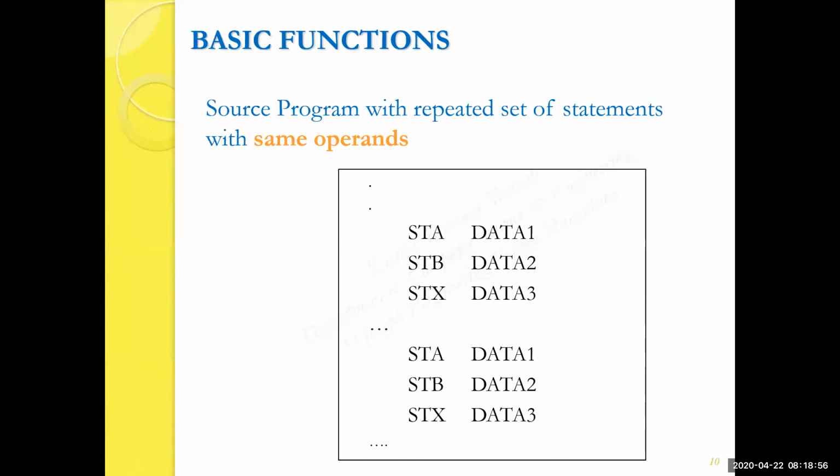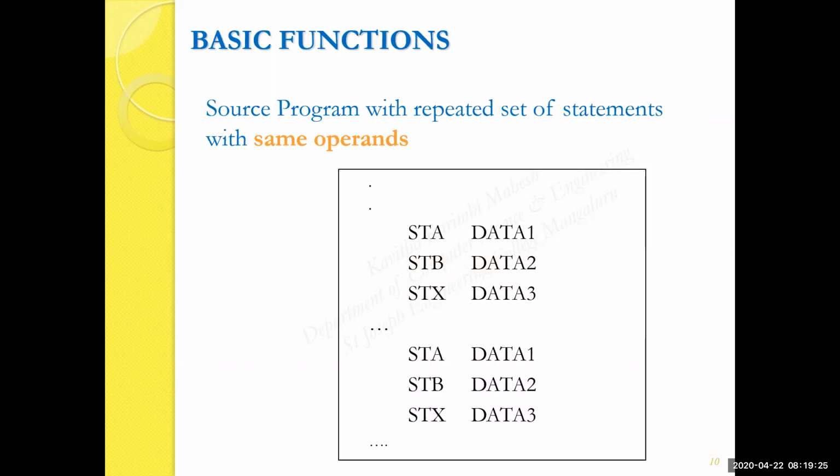Now, getting back to the example of saving the register values before branching is done to the subroutine. We have already seen that we need a sequence of instructions such as STB, STA, STX, and so forth. Now, if this set of statements has to be repeatedly used in your program, the first thing that we need to do is to define a macro.